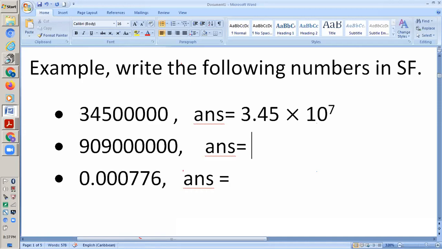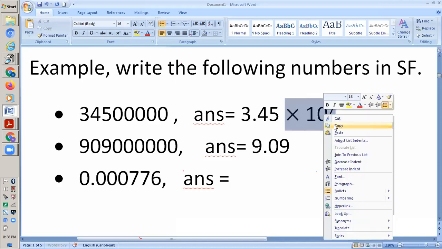All right. The person who said that they wanted to give that a try, you may go ahead. Okay, so I actually follow the same steps that you went through. So my answer is 9.09 times 10 to the 8. All right.